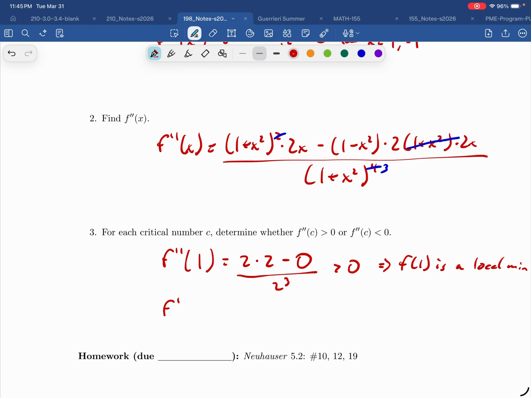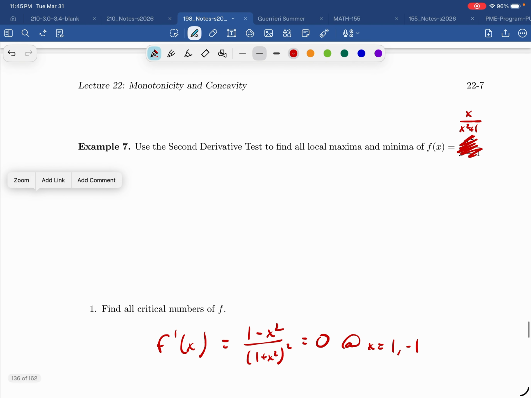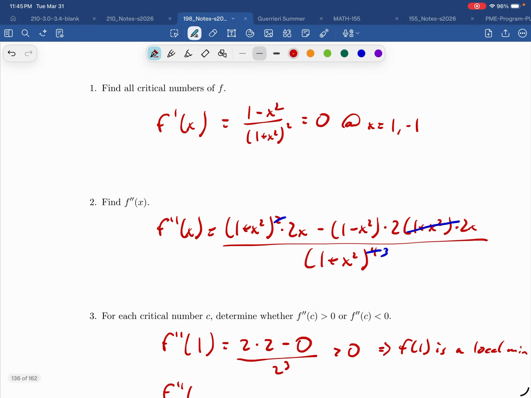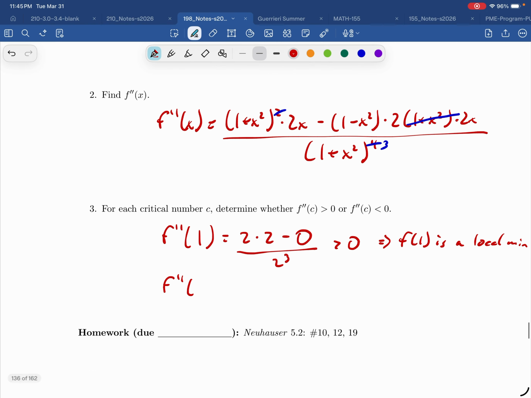And meanwhile, f double prime of, oh, shouldn't it? I thought that was supposed to be a max. Did I mess something up there? Maybe not. I'll have to take a look at that.